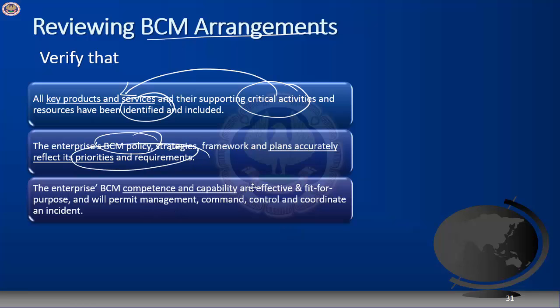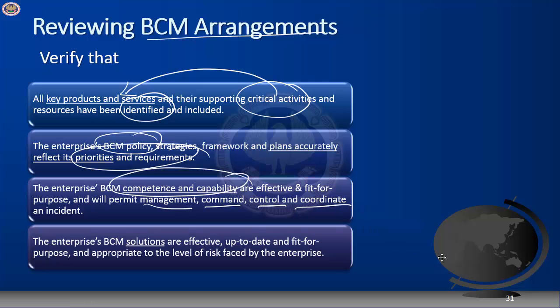You also need to look at the competence and the capabilities of the enterprise to ensure whether the BCM is fit for purpose: they have the right management personnel, they have the command structure, the controls, and the coordination to manage different types of incidents as they happen. And the BCM solution which has been adopted or implemented within the enterprise has to be effective, up to date, and fit for purpose to be able to bring the risk to the acceptable level.